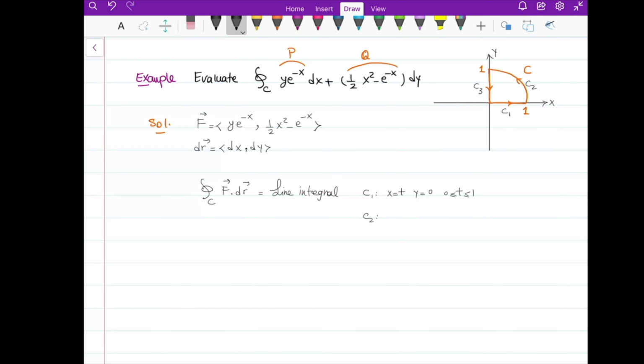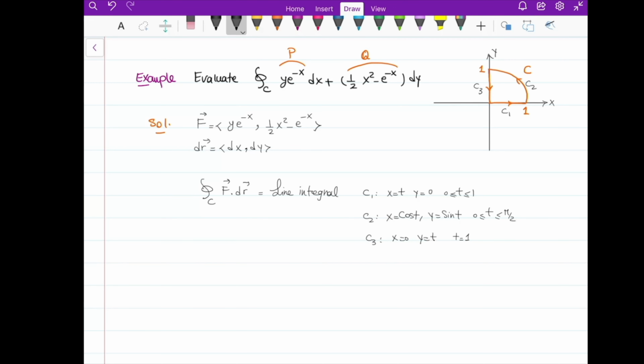C2 is the unit circle, so x equals cosine t and y equals sine t, and then t from 0 to pi over 2. And then C3, which is along the y-axis, so x equals 0, y equals t, and then t is from actually 1 to 0, and then we need to negate that.